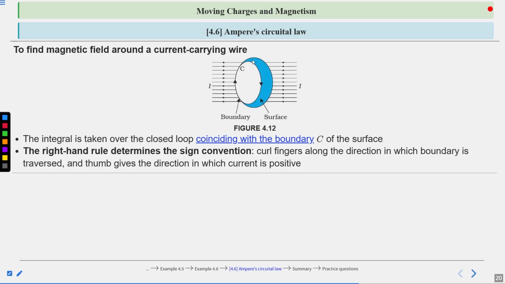We are traveling along this boundary C in the clockwise direction, so curl your fingers in the clockwise direction. Then your thumb is pointing in the direction of current. So your thumb gives the direction in which the current is positive.